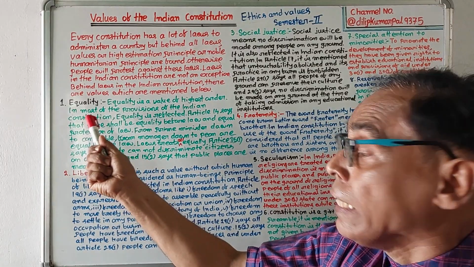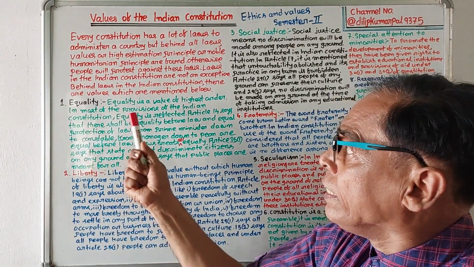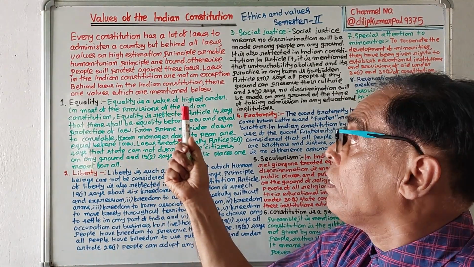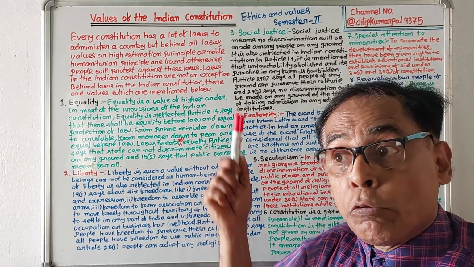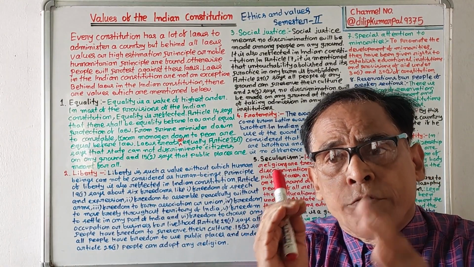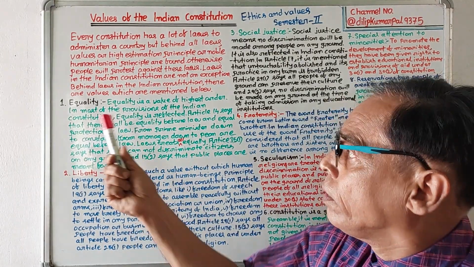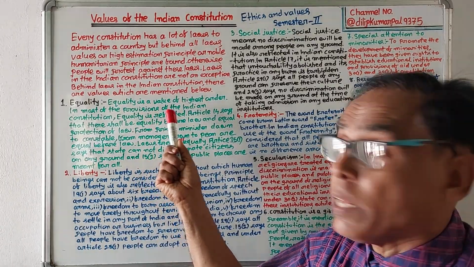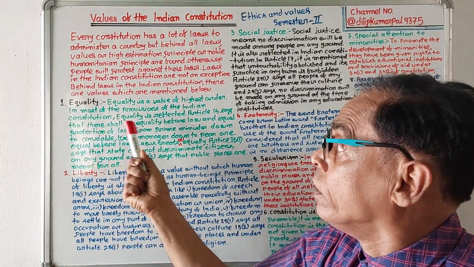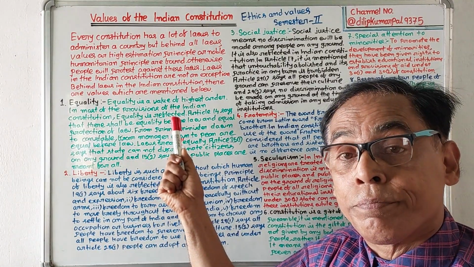Number one, equality. Equality is a value of highest order. Equality is a very important value of highest order. In most of the provisions of the Indian Constitution, equality is reflected.